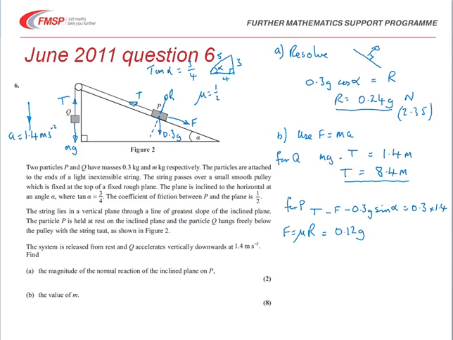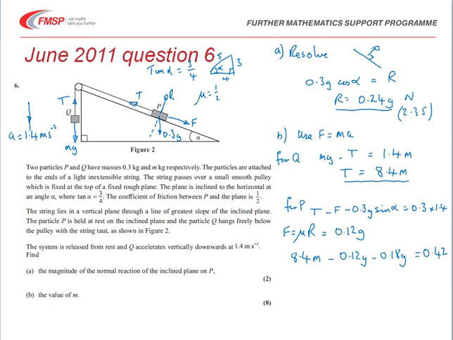We've calculated in the first part of the question that T is 8.4 m, so substituting those into the equation for P, we have that 8.4 m minus F, which is 0.12 g, minus 0.3 g sine alpha. Sine alpha is 3/5, 0.6, so that gives you a total of 0.18 g. And that's equal to 0.3 multiplied by 1.4, or 0.42.